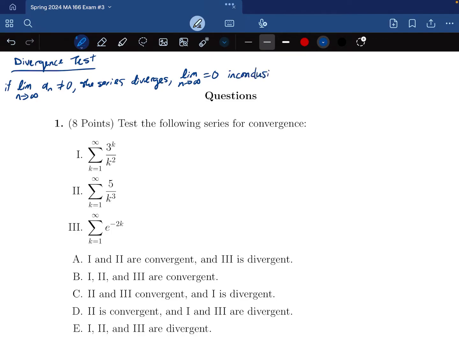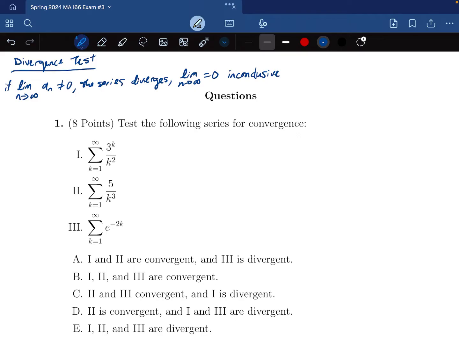So that's important. It doesn't mean that the series is convergent. Okay, so I'm not going to go through it right now, but if you do the divergence test, we can easily see that the limit for all of these series is 0, meaning that the result of the divergence test is inconclusive, and we have to use more advanced methods to prove convergence or divergence.